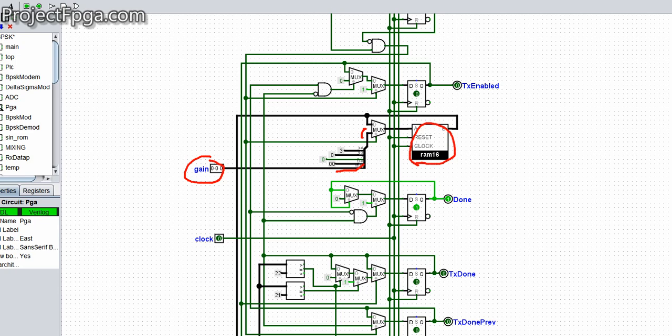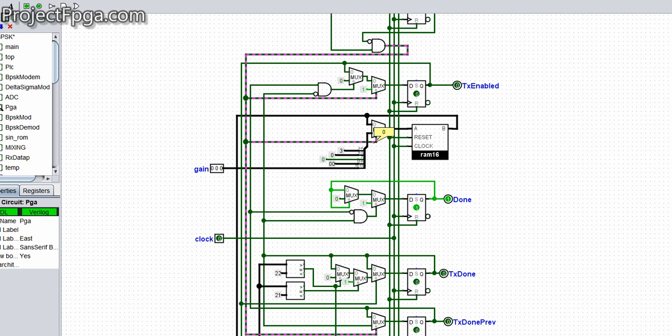This is what turns it on here, and it is our interrupt bit. And remember, the interrupt is just a single pulse. So whenever it pulses, it latches the gain in this RAM 16 here. So that's how the gain is latched. We are going to see what it's used for and how it's being transmitted using SPI later.